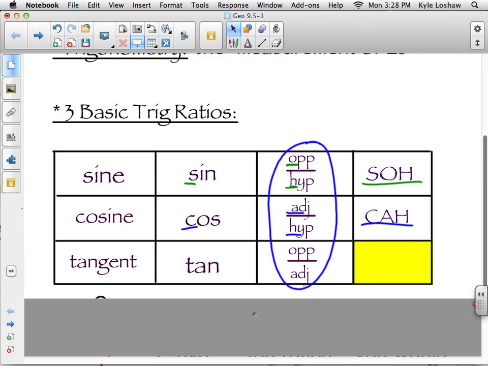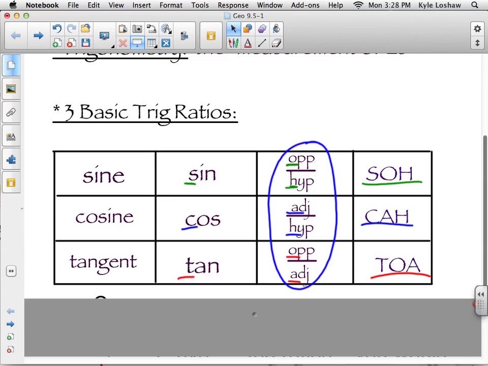And lastly, TOA stands for tangent, opposite, adjacent. And again, that's just referring to the side lengths about the angle.